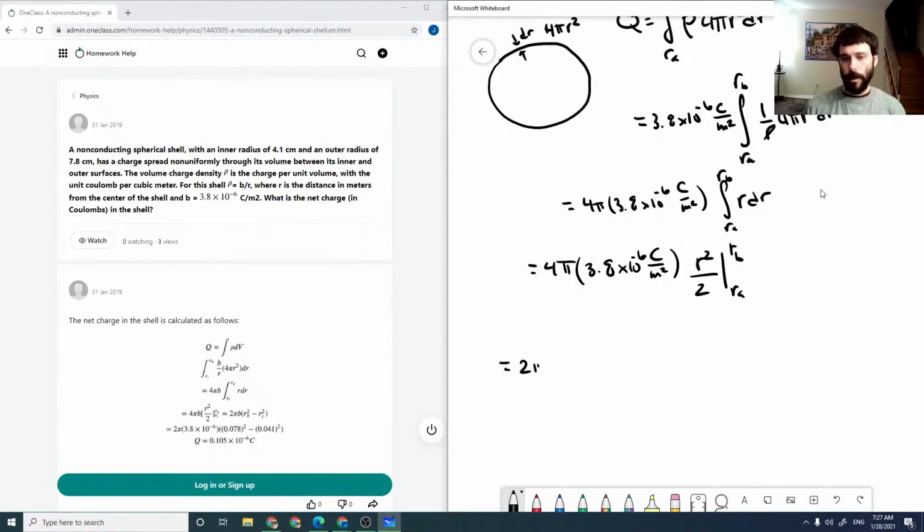So we get 2 pi, and so then that's Rb squared minus Ra squared.